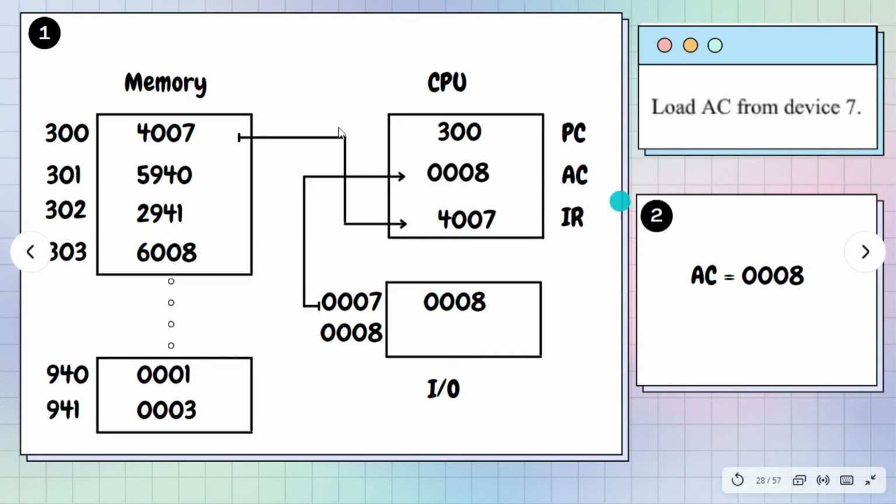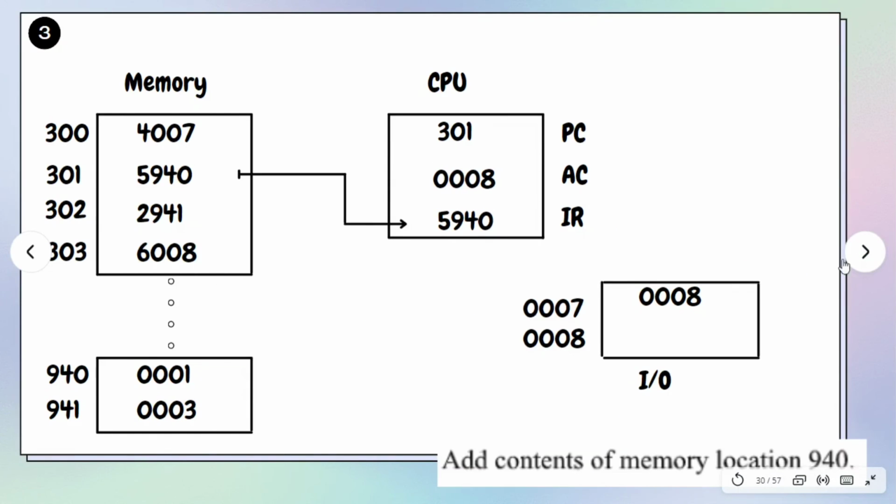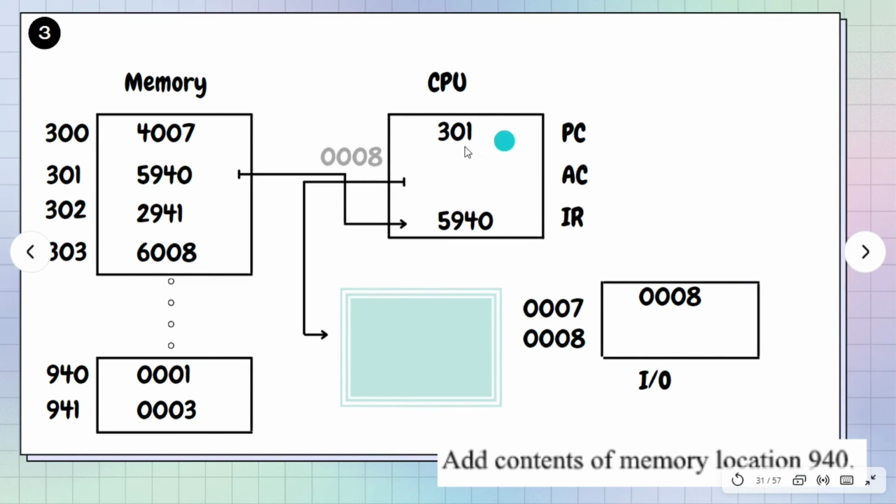After we finish the first two steps, we'll move on to the third step, which says add contents of memory location 940. Before that, take note that after each step, we will add one to the PC. So we will take the value of memory location 301 and move it to the IR.